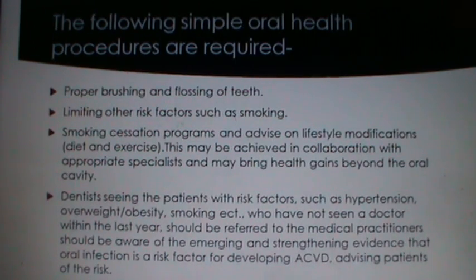And the following simple oral health procedures are required to control oral infection and also systemic disease. Proper brushing and flossing of the teeth is important for oral health. Limiting other risk factors such as smoking.